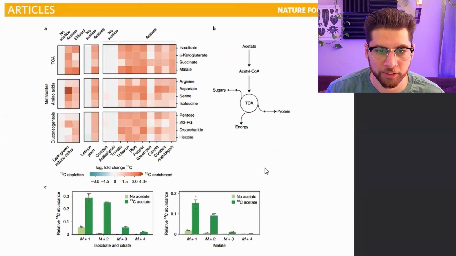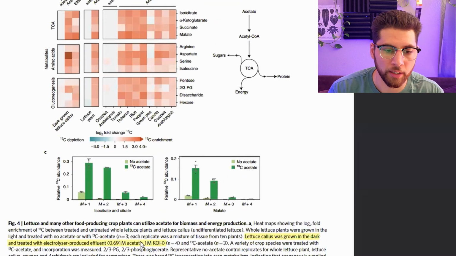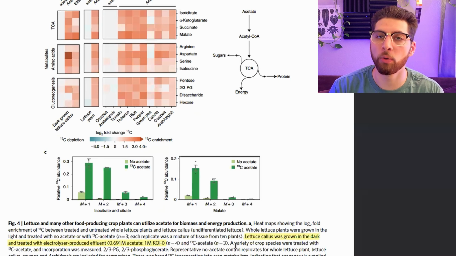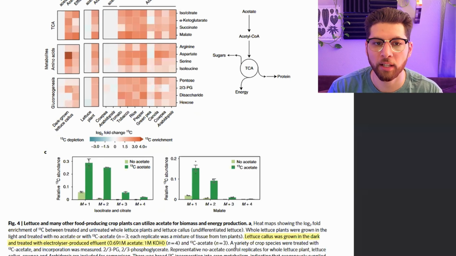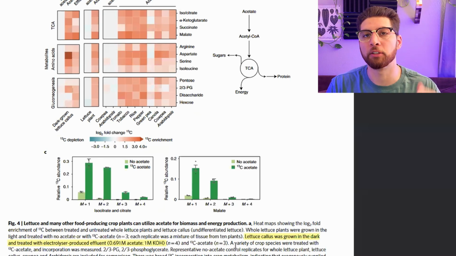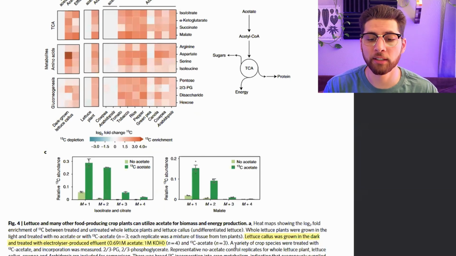Anyway, I was trying to talk about plants. With plants, from what I understand, they were only able to feed plants pretty low concentrations of acetate, and the amount of acetate that actually gets assimilated or put into the structure of the plants is pretty low. So they did this really cool technology called carbon-13 labeling.